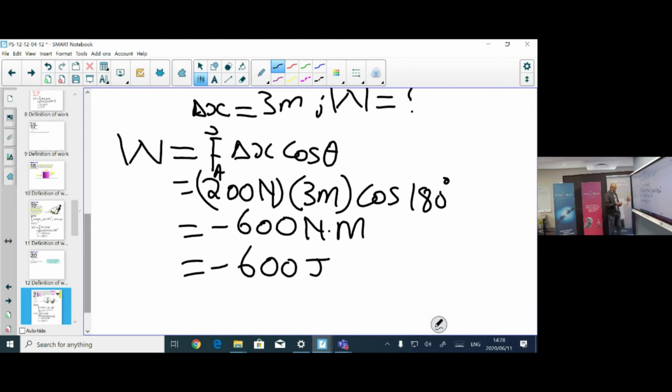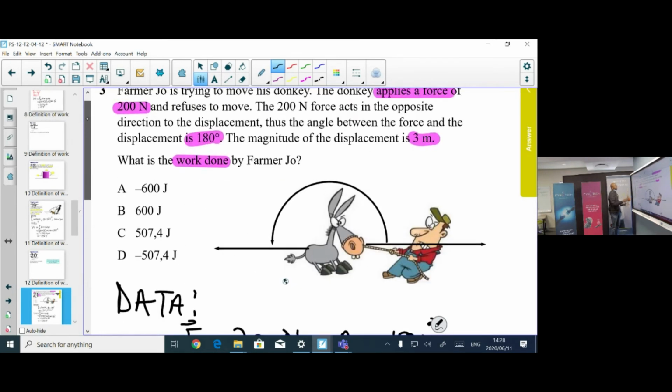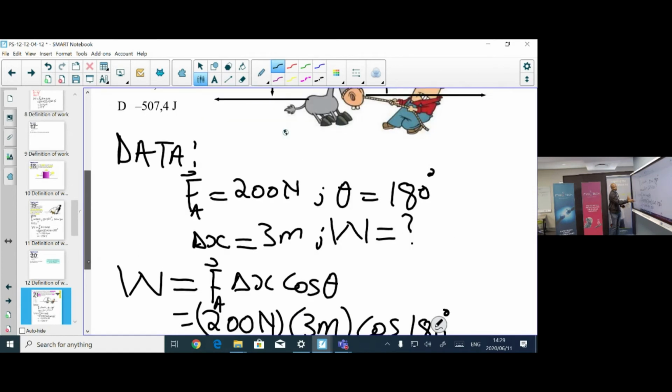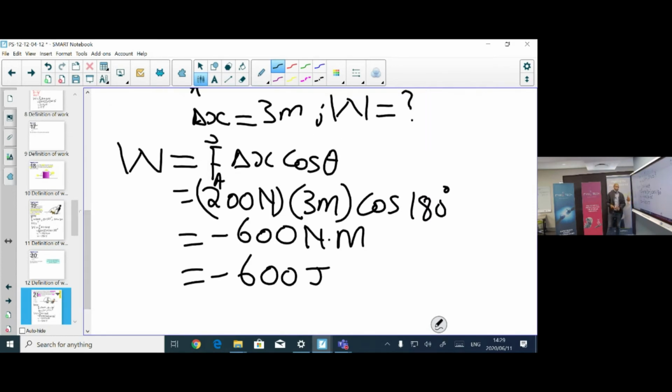In other words, the work done by Joe is equal to negative 600 joules. In other words, this is called a negative work.